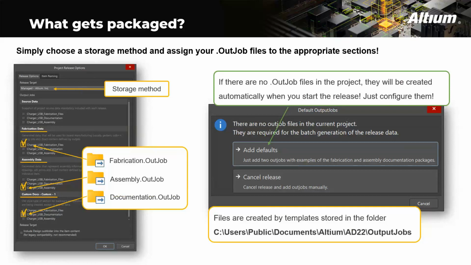And if you don't have any output job files associated with your project at the time of release, you can still start the release process. Altium Designer will automatically create some, which you can modify and configure. These output job files are created using a generic template stored in a specified folder, and you can replace the generic templates with your own.